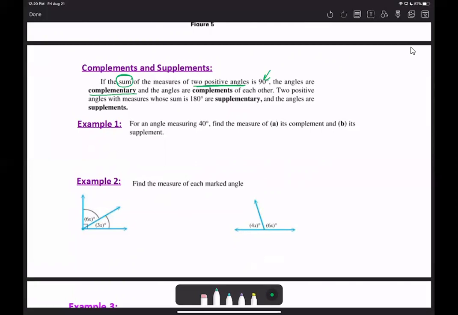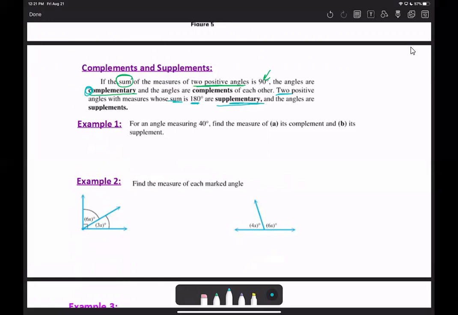Complementary means two angles whose sum will be 90. Supplementary angles are two angles whose sum is 180. How can you keep from confusing the two? Just think of C comes before S, so C pairs with 90, because 90 is smaller than 180, and S goes with 180.